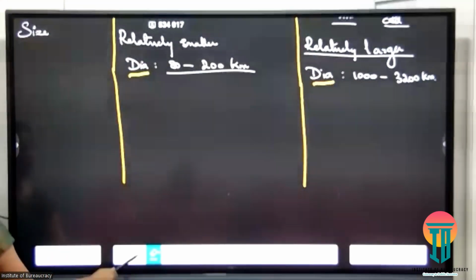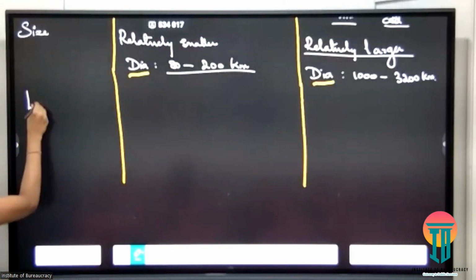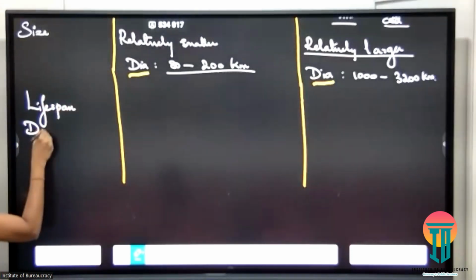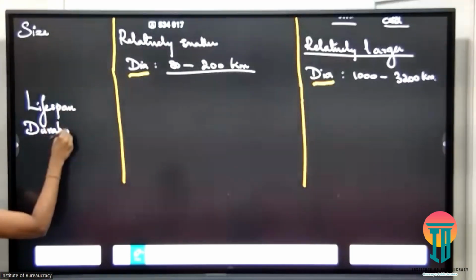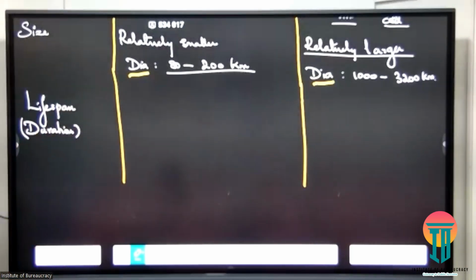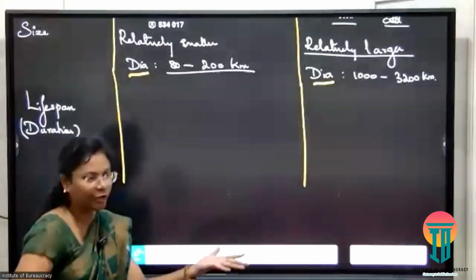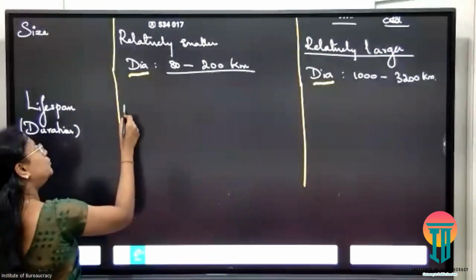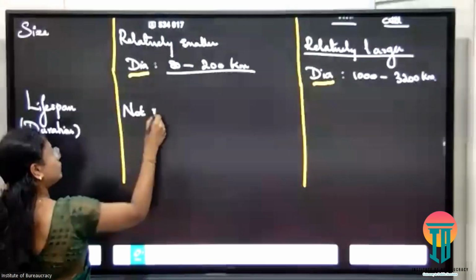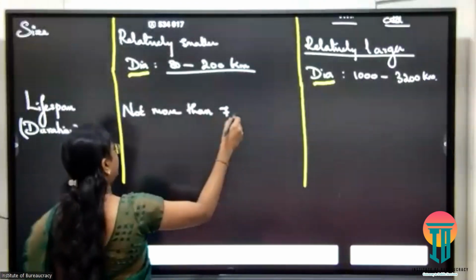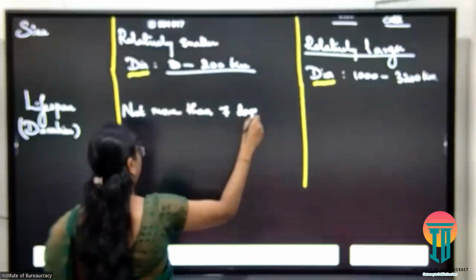The next is lifespan or duration. If we calculate from the ocean until landfall, it is not more than 7 days, or not more than 1 week.